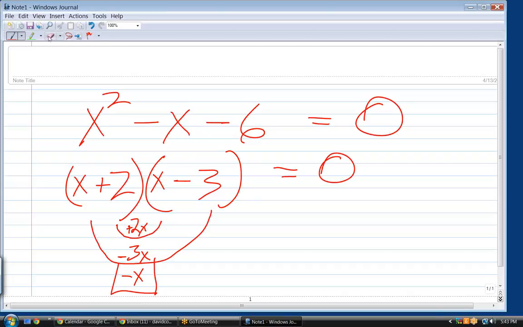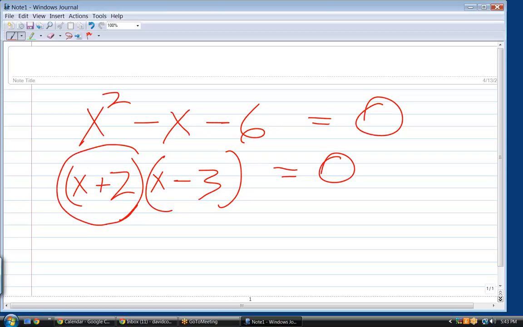Okay. Now, there's one last thing that still is required to solve this equation. Remember, I'm trying to solve for x. And all I know for sure is that either that has to be 0 or that has to be 0. So my very last step is to set both of them equal to 0.